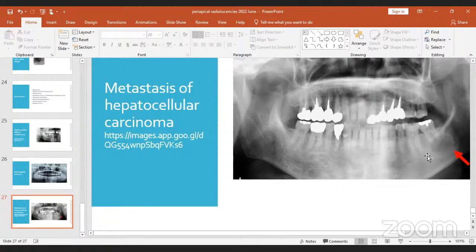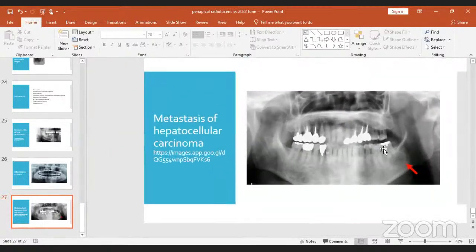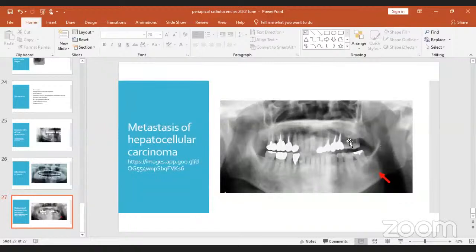That's why it's important to do a good history, and the medical history comes in very handy, because this patient is likely to tell you that they have been treated or are being treated for a problem with the liver or any other part of the body, because you can also have metastases from breast cancer.